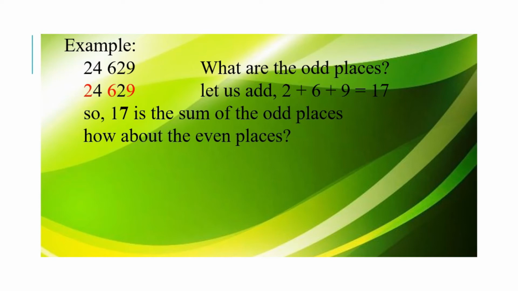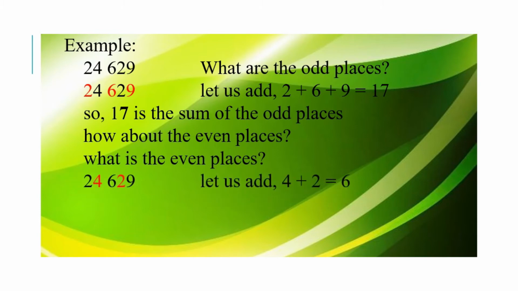How about the even places? What are the numbers in the even places? Very good. 2 and 4. So what will we do? Let us add 2 plus 4 or 4 plus 2 is equals to 6.